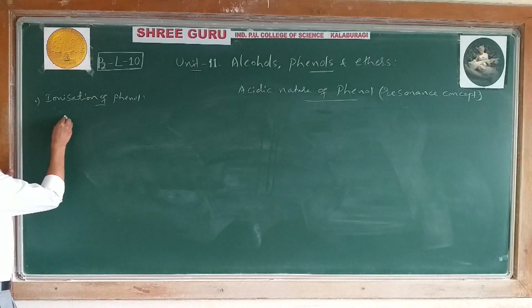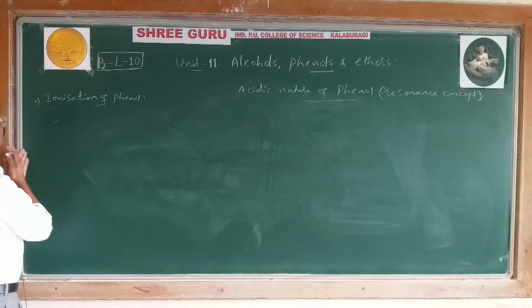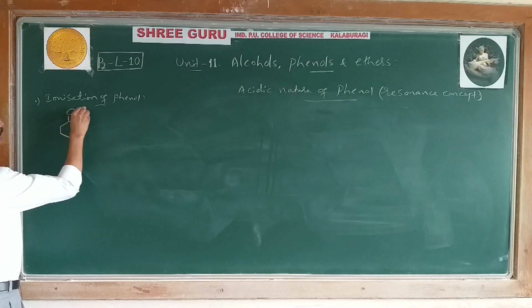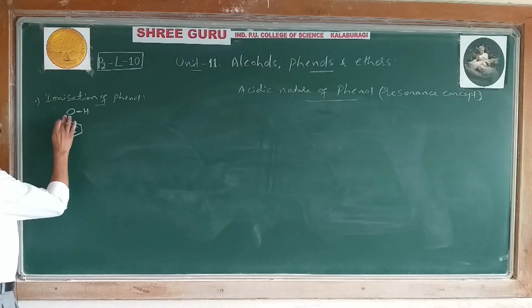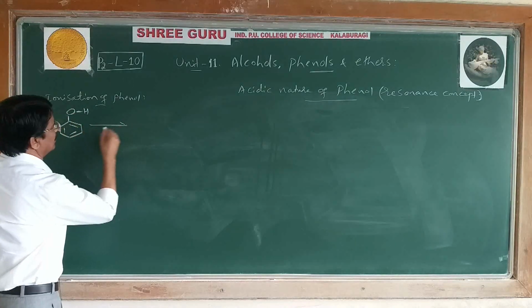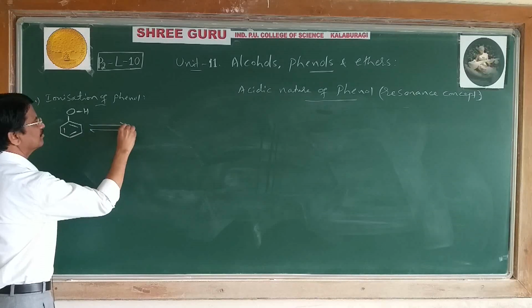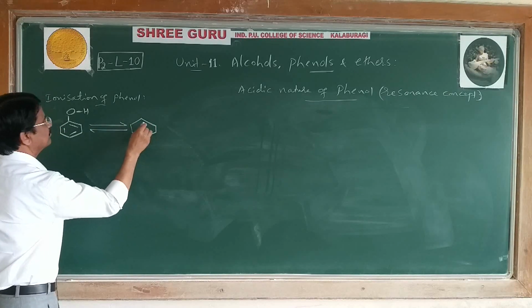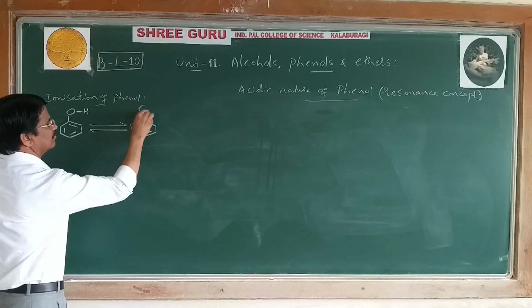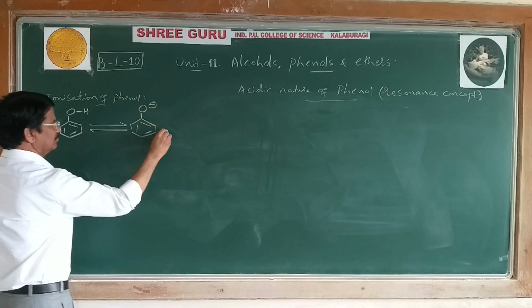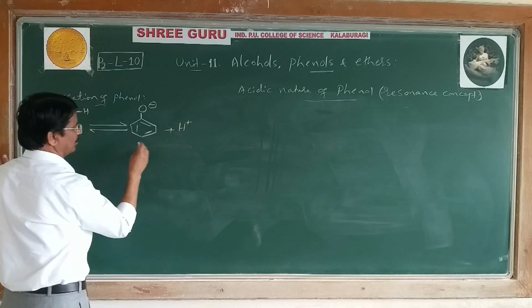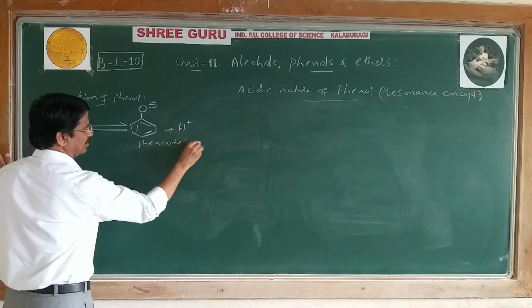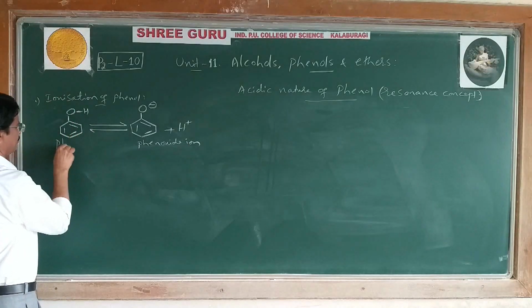See, phenol ionizes to give phenoxide ion plus hydrogen ion. This is phenol, and this is phenoxide ion.